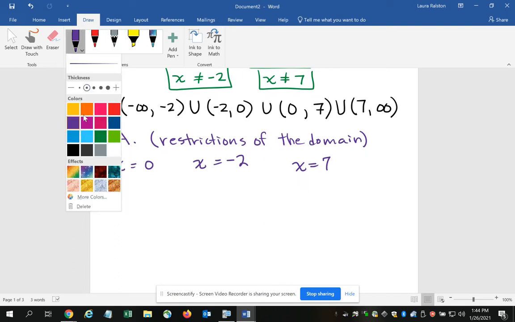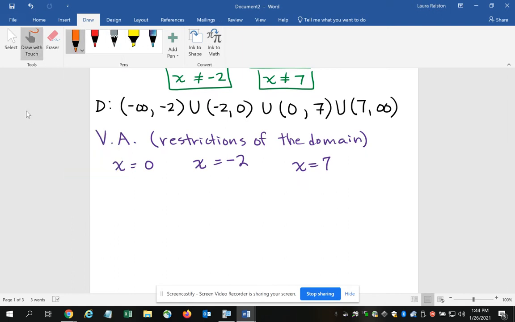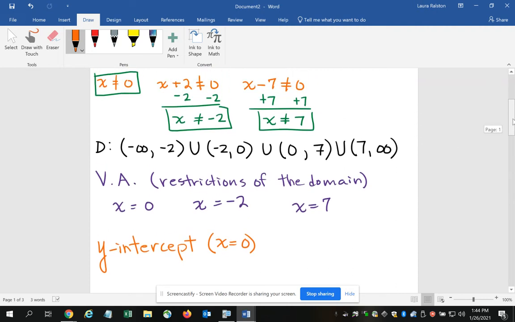Then let's think about for just a minute how to find the y-intercept. The process for finding the y-intercept for any function is to let x equal 0 and solve for y.